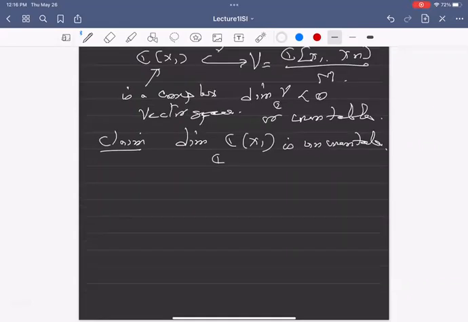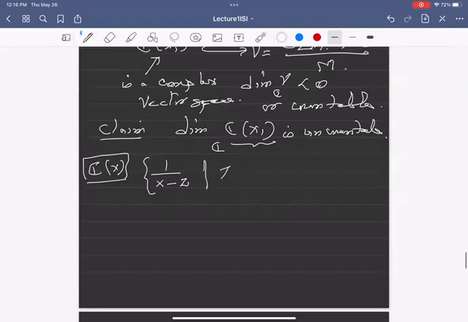So this is the field of rational functions. Suppose I look at C(x), the field of rational functions in one variable, and look at 1 over x minus z, where z varies over all complex numbers. This is an uncountable set.